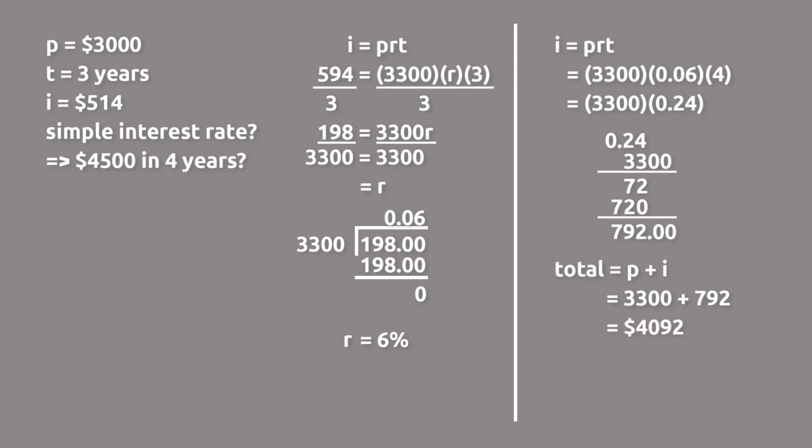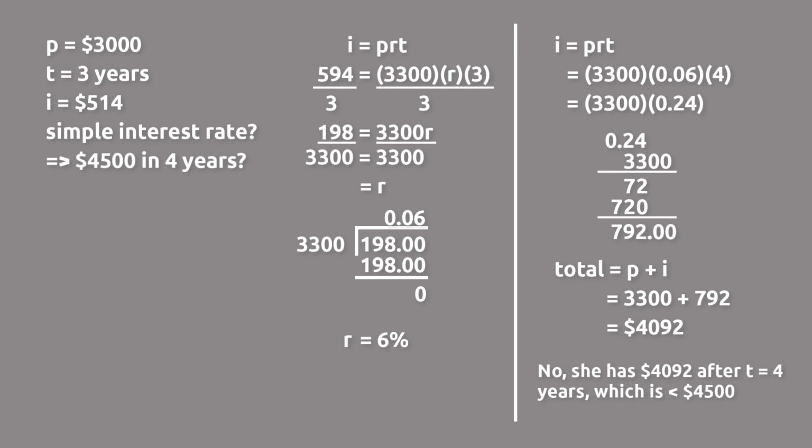So our answer to the second question is no. She has $4,092 after 4 years, which is less than the 4,500 in question. So she will have to continue saving if she wants to reach that $4,500 mark.